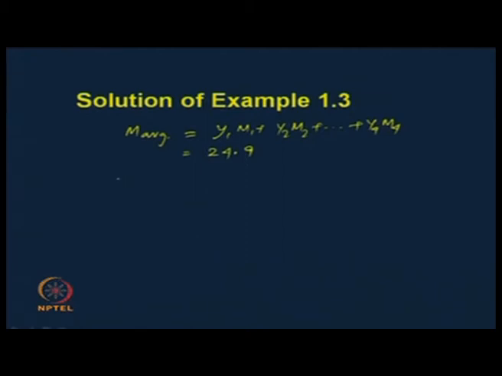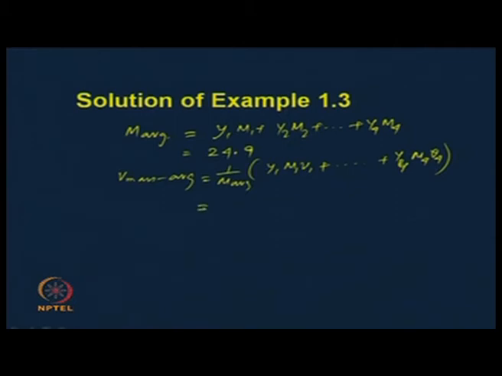So, V mass average we can calculate using this correlation, which is 1 by M average into y 1 M 1 V 1 plus up to y 4 M 4 V 4.